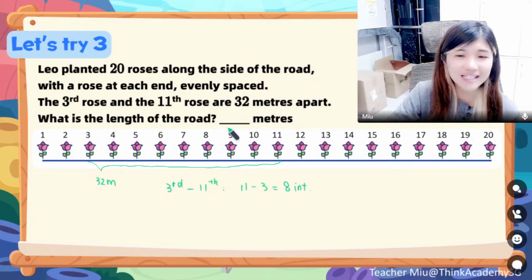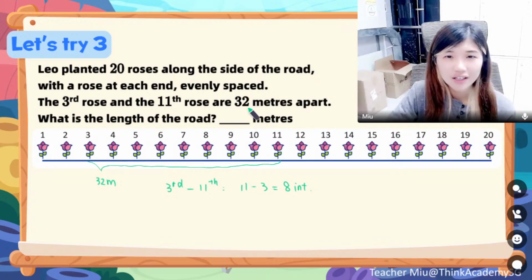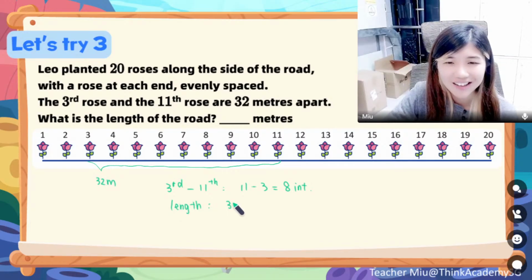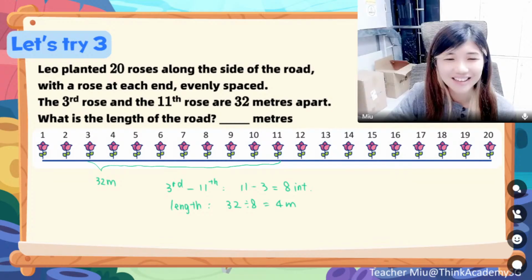And these 8 intervals just cover 32 meters, so the length of one interval must be 32 divided by 8, which is 4 meters each. Then you need to find out from the first rose all the way to the 20th rose.